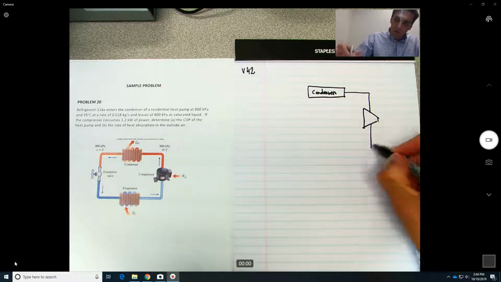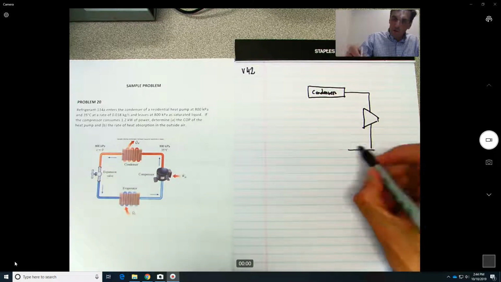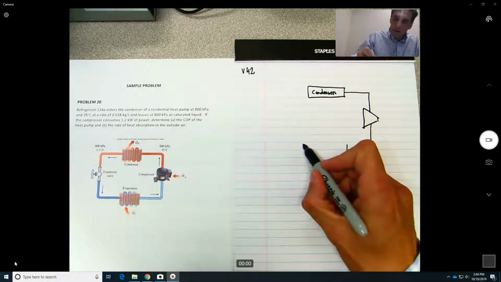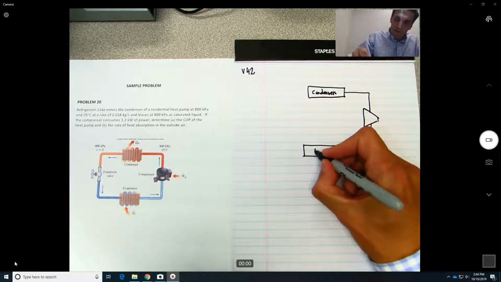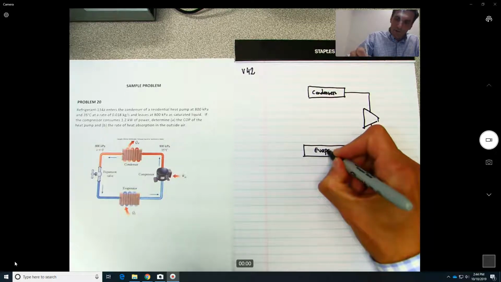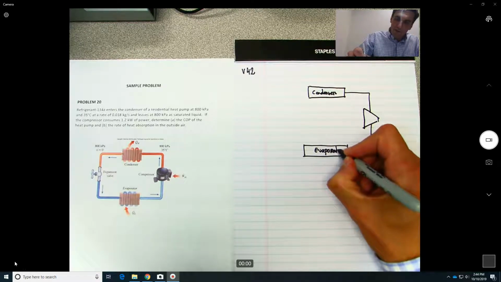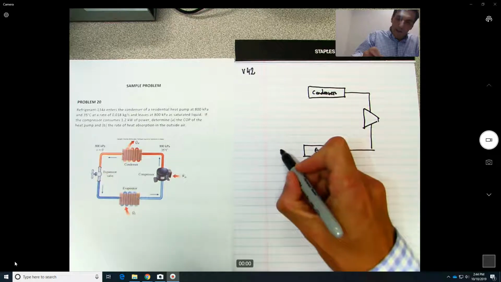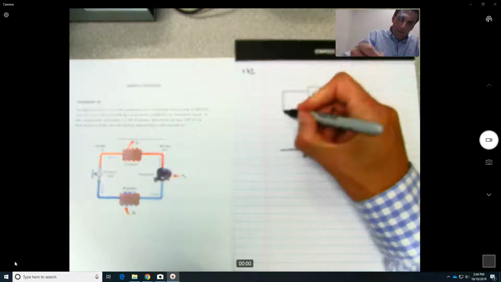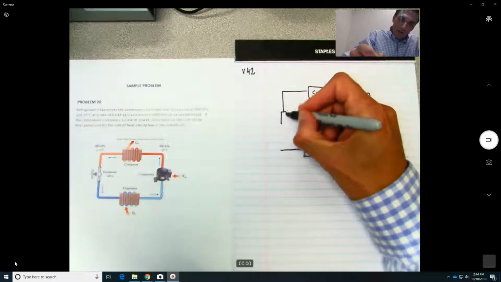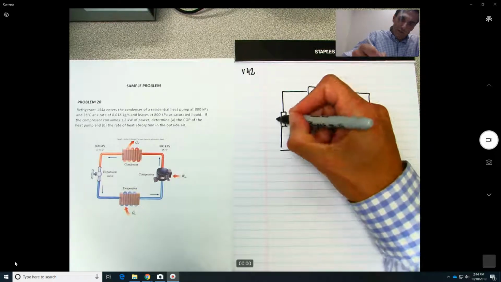Then we can go down over here again, and we have now this side the evaporator. Then on this side we actually have the valve. There's different ways to do this.